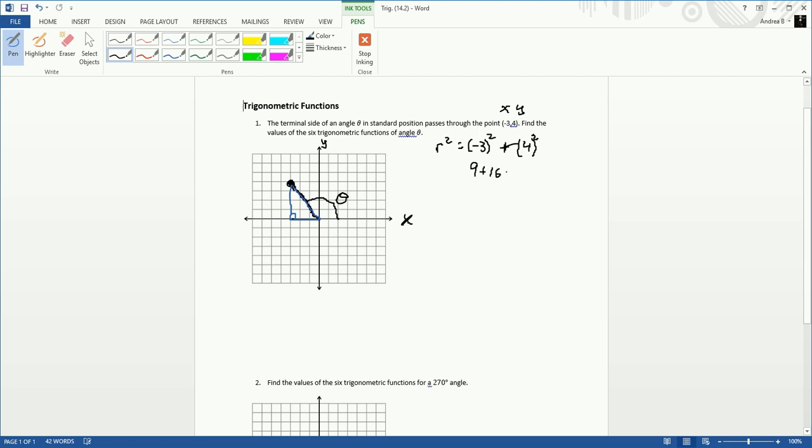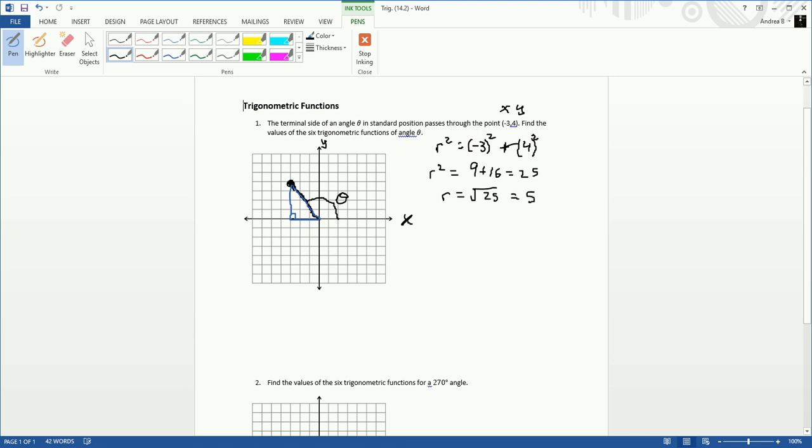If you add those together, we get 25. Don't stop there, because remember that is your r squared. We need what our r is. To cancel out a squared, you have to do the square root. So r is equal to the square root of 25, which is equal to 5.